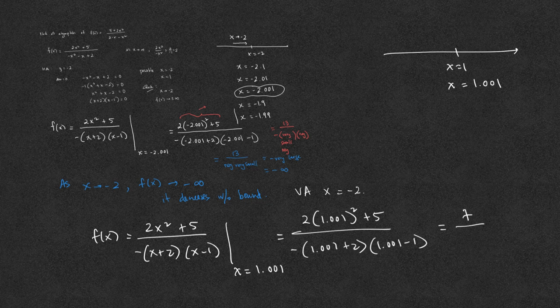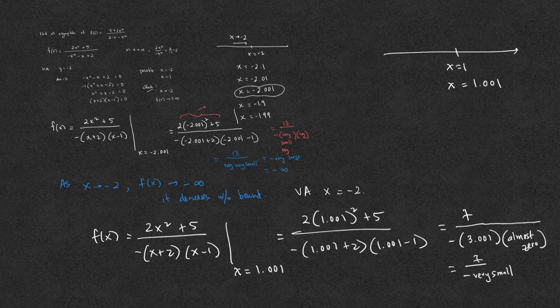In the denominator, we have a negative number, and we have a positive 3.001, and then we have a positive that is almost 0, very small. And so negative sign times 3 times a number that is almost 0 is negative, and it is a very small number, almost 0.